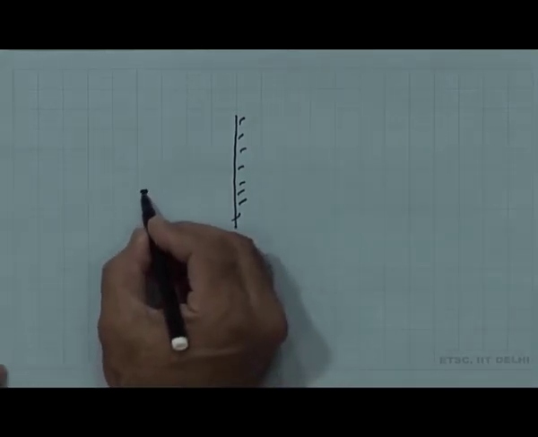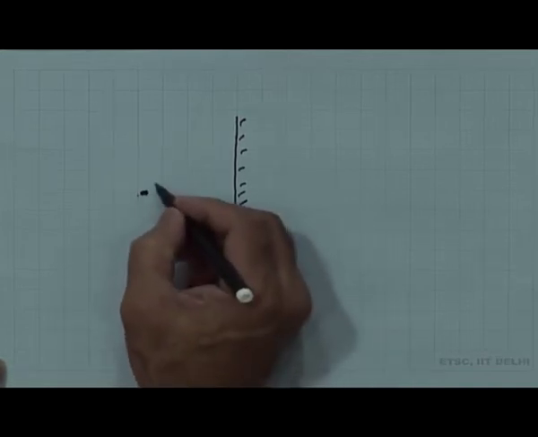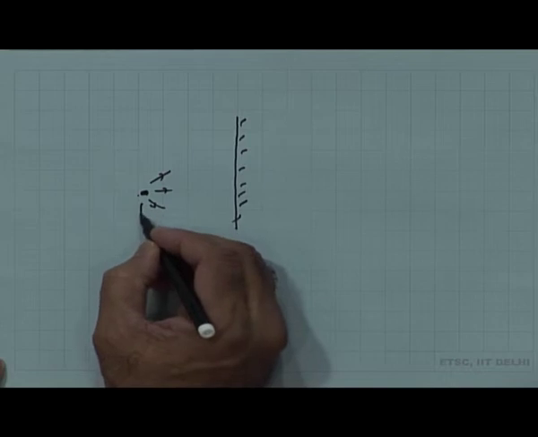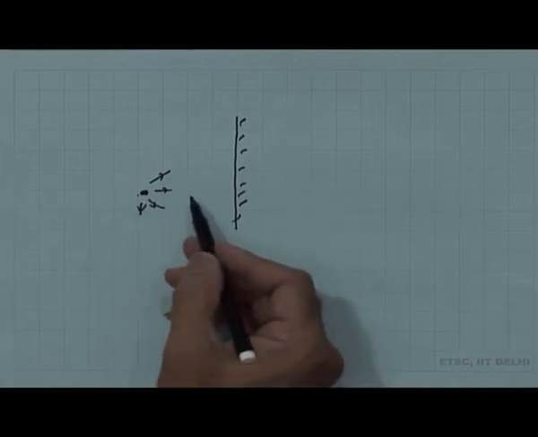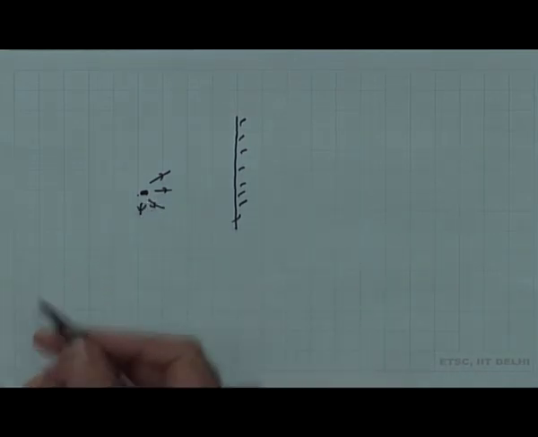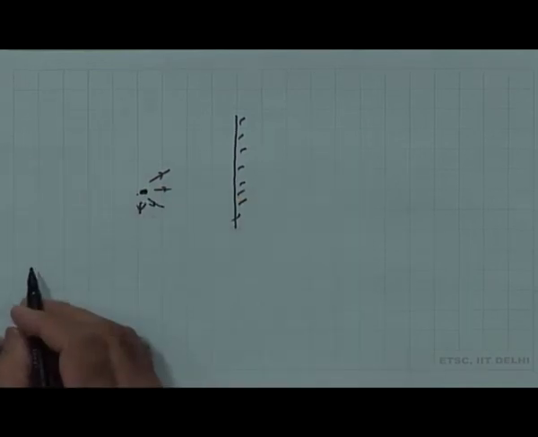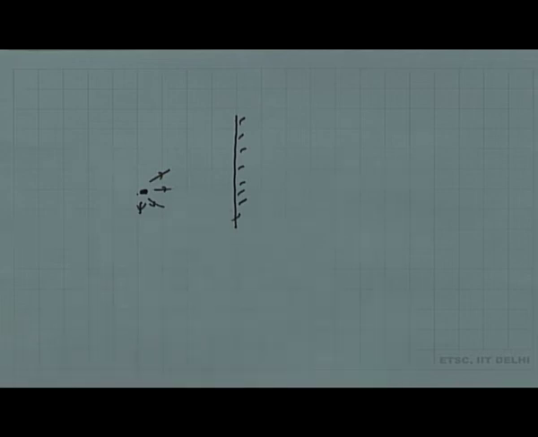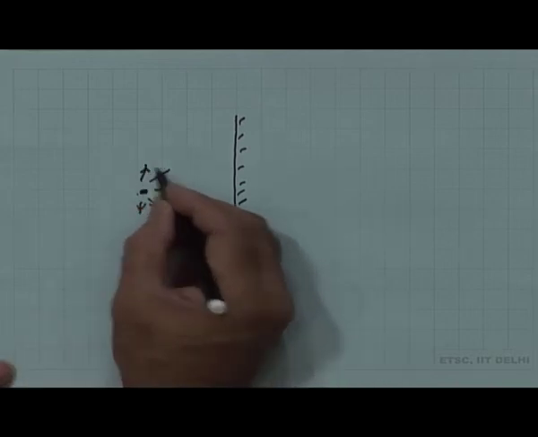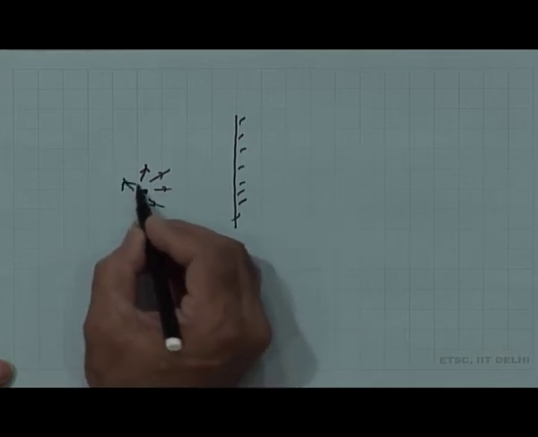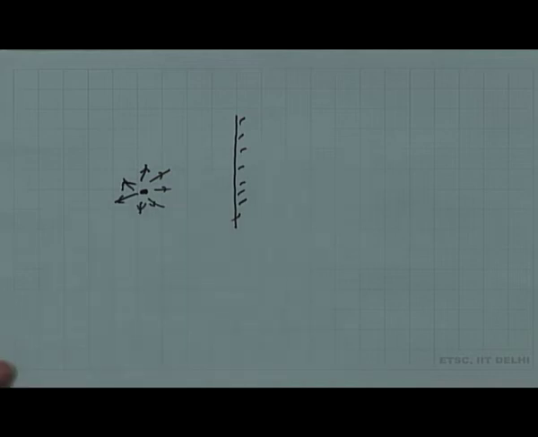If this is a point source, it will give its own rays, but otherwise if it is just an object, then when it is illuminated by light, say the room light or any other light, it will reflect or scatter light in all directions.